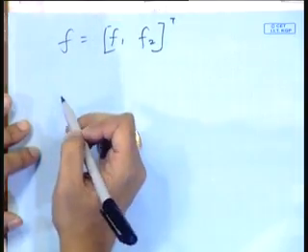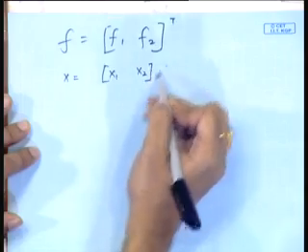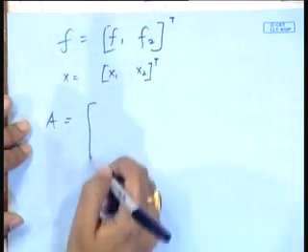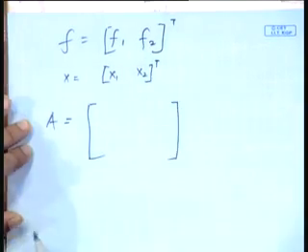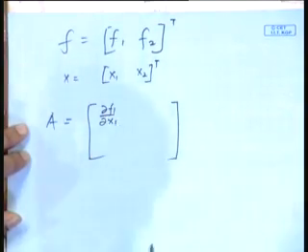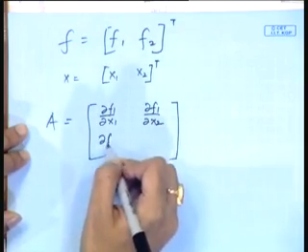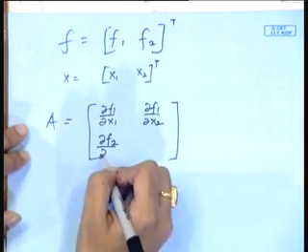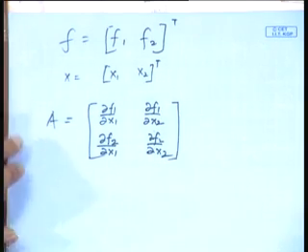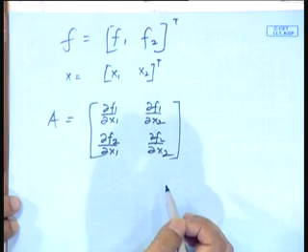And x is x1 x2 transpose, then my A is going to be, in this very simple case, del F1 del x1, del F1 del x2, del F2 del x1, del F2 del x2. So this is my A matrix.